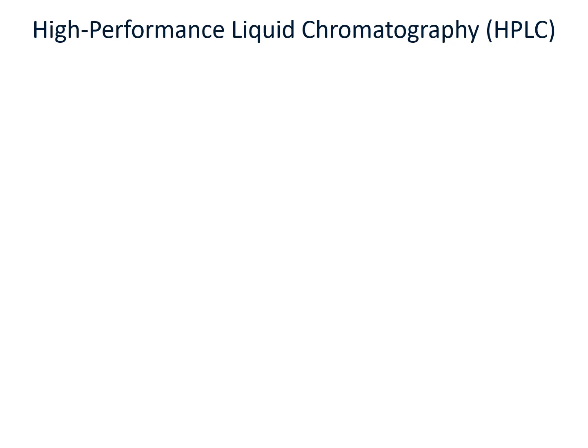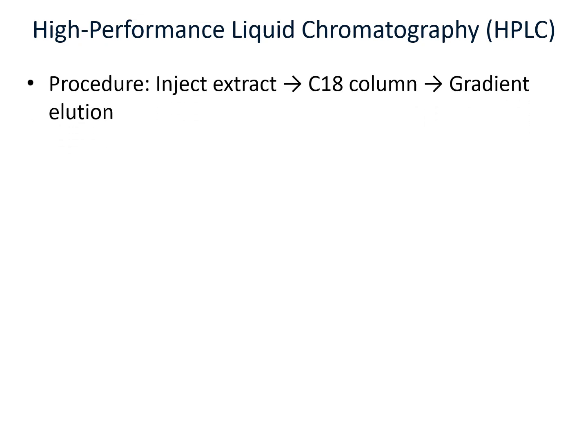Now, let us take a closer look at how high performance liquid chromatography is carried out. Usually the procedure is very simple, being automatic. Samples are injected through the injection port and then mixed with the mobile phase and pumped through the separating column, which is usually C8 or C18 column that separates the components according to their polarity and sizes.